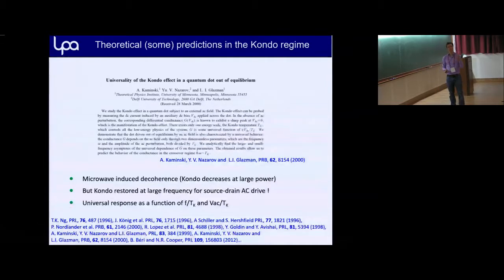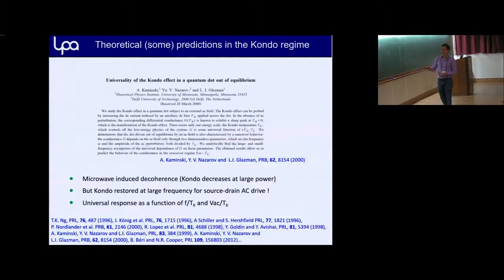So essentially, everything should be scaled by the Kondo temperature, either the microwave amplitude of the AC drive or the frequency of the AC drive. Generally, the physics expected is that you will have some microwave-induced decoherence, but there will be a universal response as a function of the frequency normalized by Tk and the amplitude normalized by Tk.